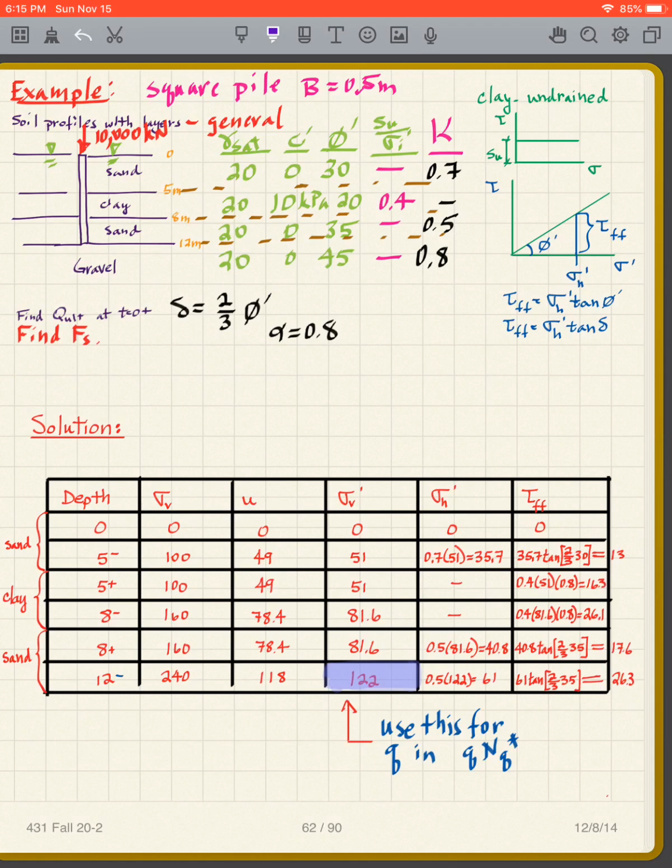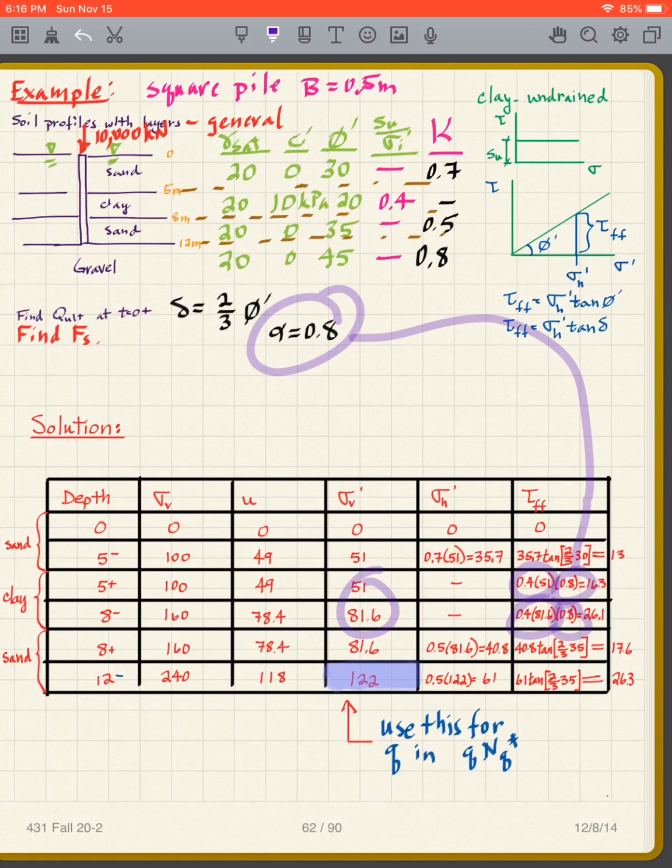Well, for my clay, I'm going to use the SU over sigma prime I of 0.4. So my sigma prime I's are 51 and 81.6. So it would be 0.4 times 51, 0.4 times 81.6, but then I have to put in this alpha equals 0.8 factor.